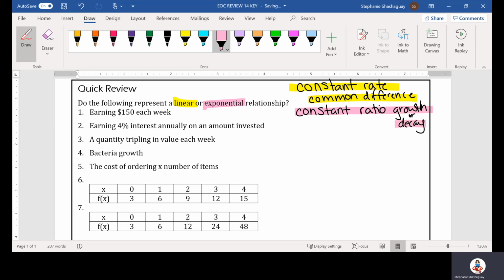Okay, so if you're earning $150 each week, that's a constant rate, so that's going to be linear.